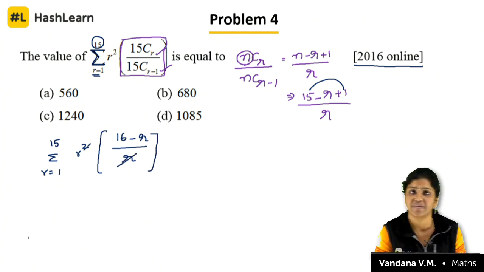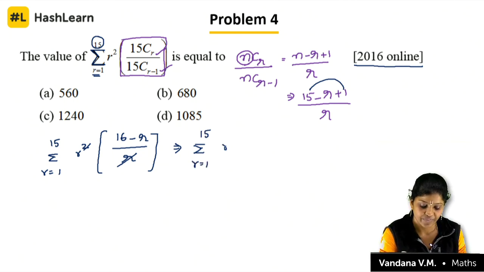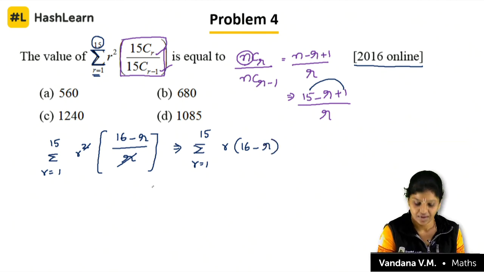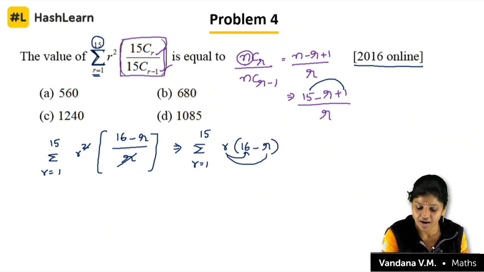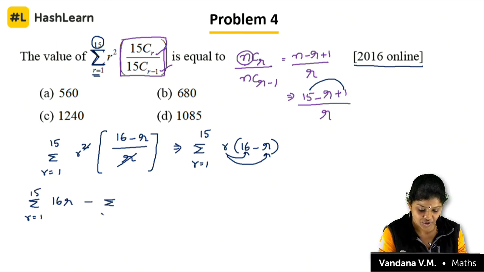Here r and r square will get cancelled. The question is converted like this: summation r is equal to 1 to 15 r into (16 minus r). Multiply: 16r minus r square. Summation r is equal to 1 to 15 16r minus summation r is equal to 1 to 15 r square.